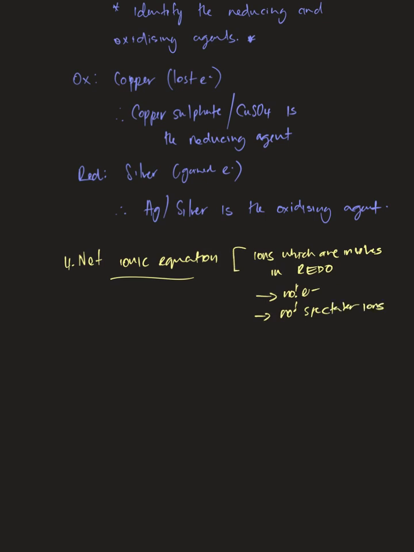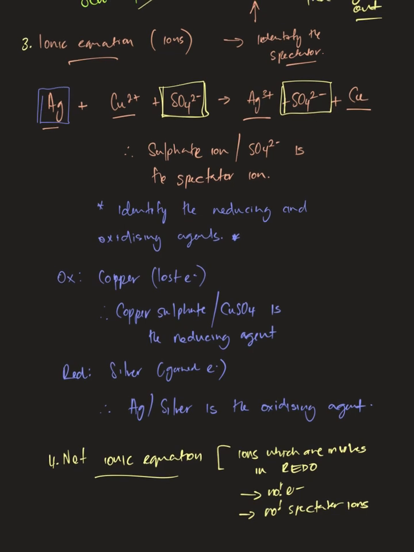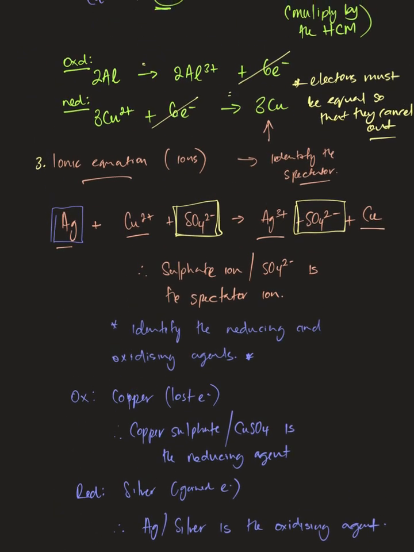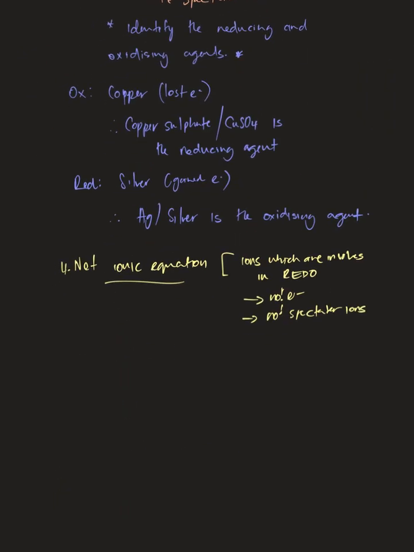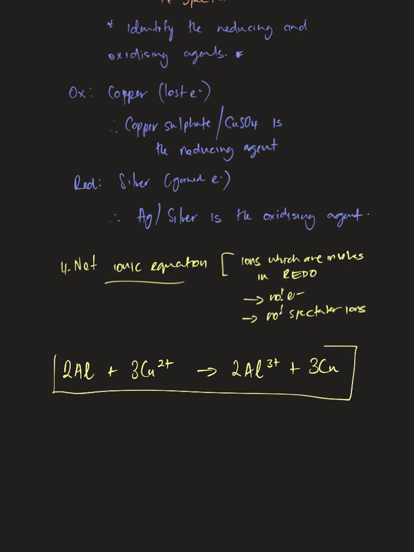So then what I'm left with is, and remember I have a balanced equation. I've got 2Al plus 3Cu2 plus gives me 2Al3 plus, 3Cu. And where do I get that from?